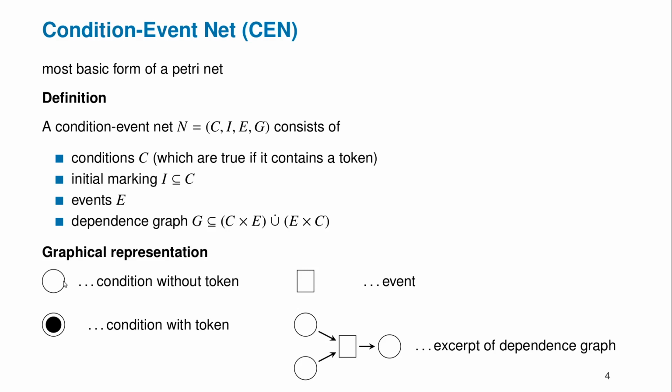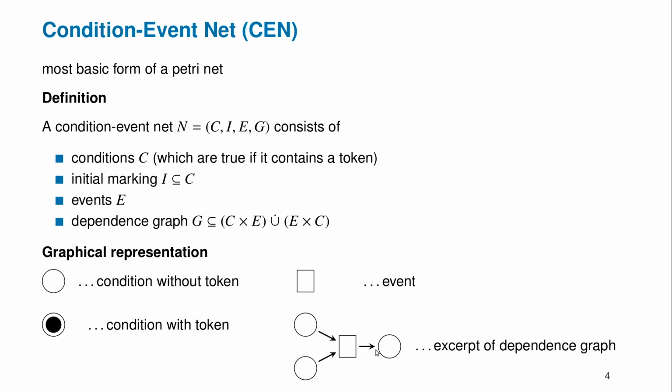If a condition is true, if it has a token, then we put a black dot into it. If it's false, then it's just an empty circle. And usually we also have some labels giving names to the conditions and the events, such that we can distinguish them and talk about them.